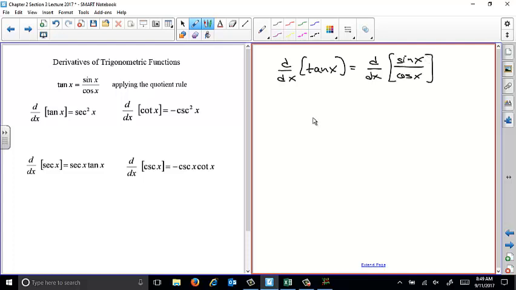And so that's a quotient. So we take the numerator to be the sine of x, and the denominator is the cosine of x. The quotient rule says we need to take the derivative of both of those terms. The derivative of the sine we found out was the cosine, and the derivative of the cosine is negative the sine.